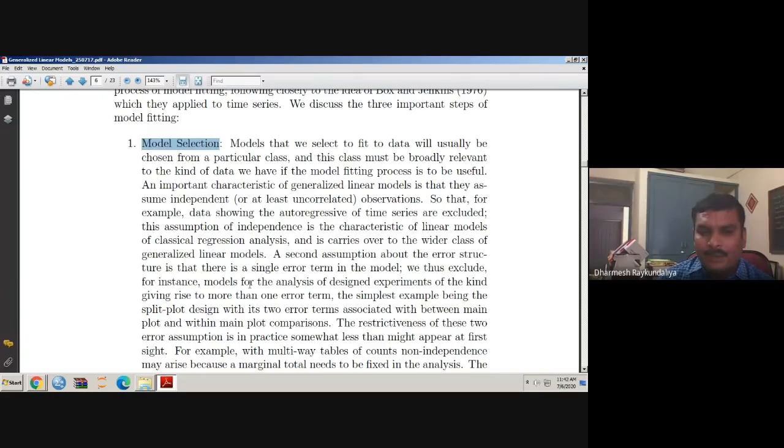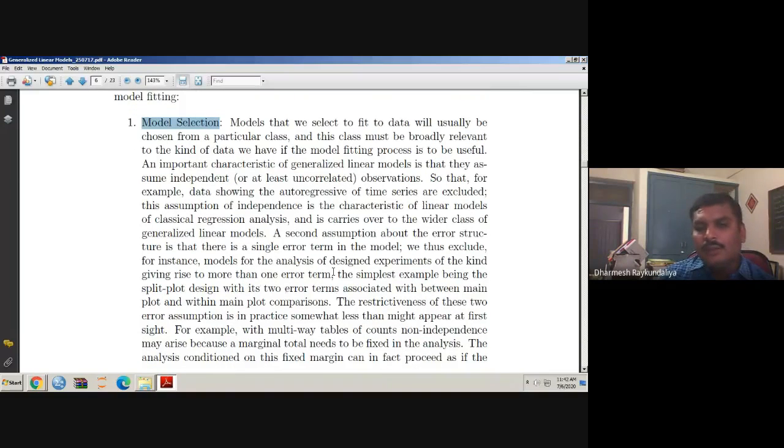For example, with multi-way tables of counts, non-independence may arise because marginal totals need to be fixed in the analysis. If you remember the cross-tabulation study you did in the second semester of BSc, we checked whether there is any association between two attributes or not, and that was assessed by the chi-square contingency table.